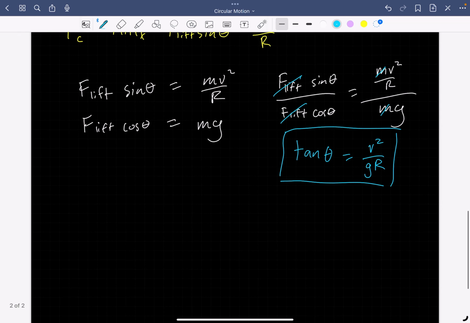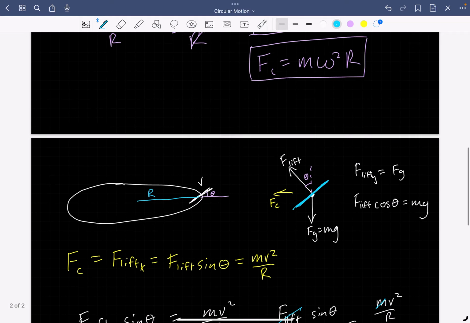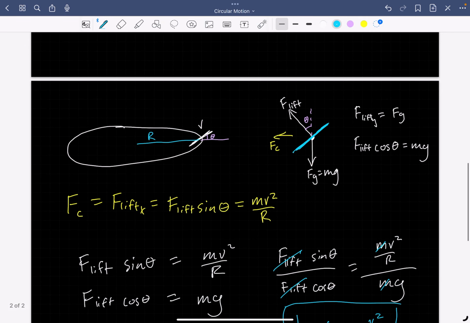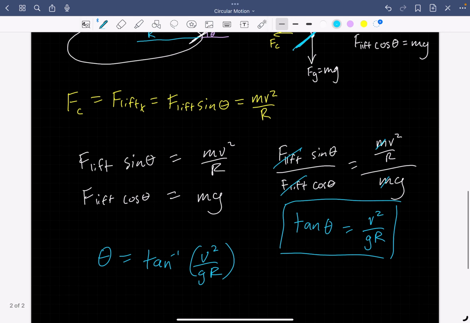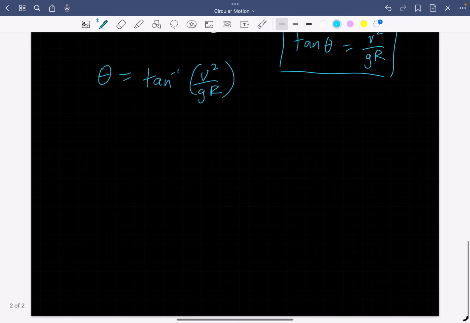And so if you want the expression for the angle directly, it's just theta is equal to arctan of v squared over gr. So that is one way that you can apply the formula for centripetal force in order to find a quantity like this. Okay, let's look at another scenario.